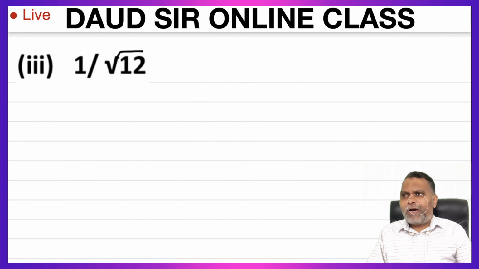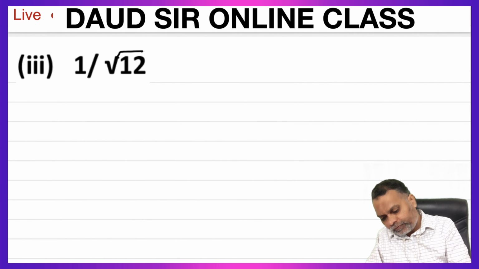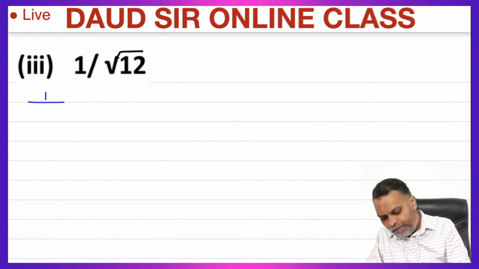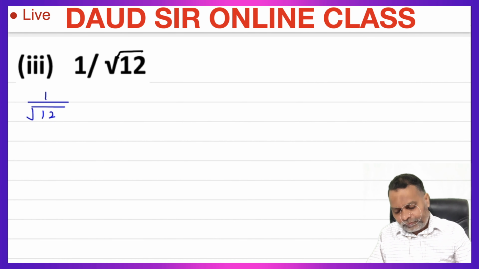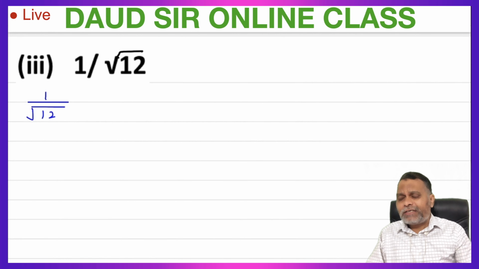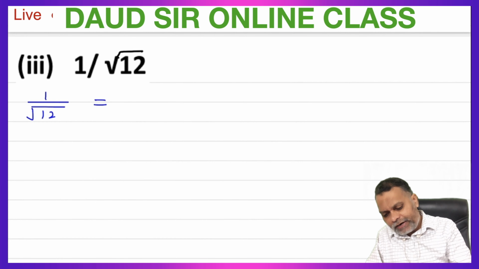Question number 1, part 3. 1 upon under root 12. So by rationalizing the denominator, first we solve this under root 12.